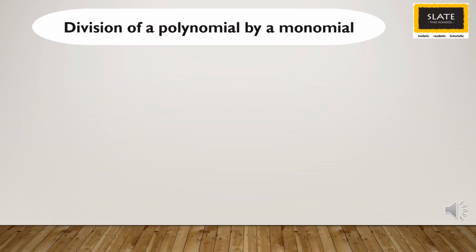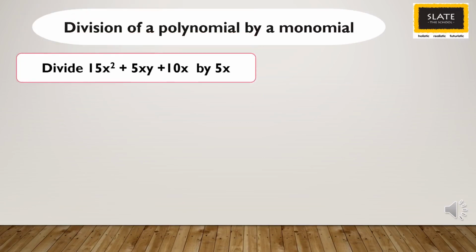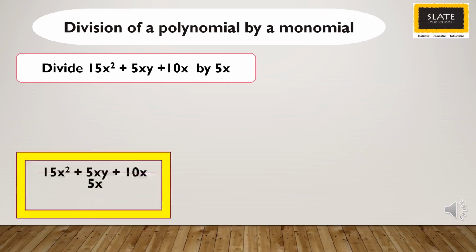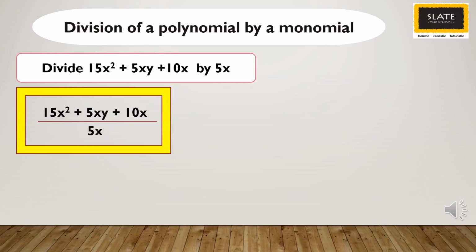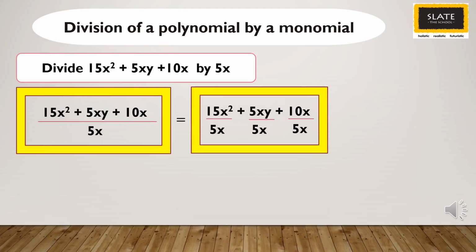Now division of a polynomial by a monomial. Divide 15x square plus 5xy plus 10x by 5x. We write it as 15x square plus 5xy plus 10x divided by 5x. Every term in the numerator will be divided by 5x. That is 15x square by 5x plus 5xy by 5x plus 10x by 5x.